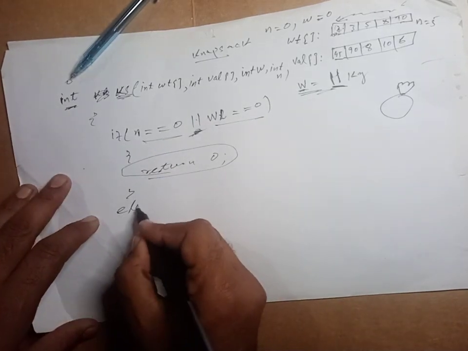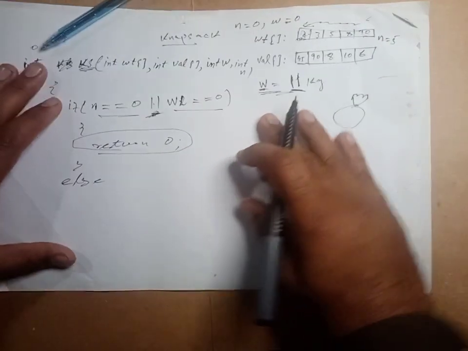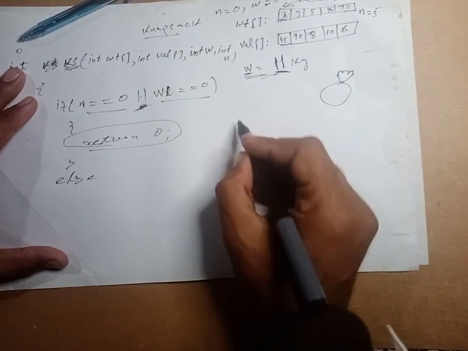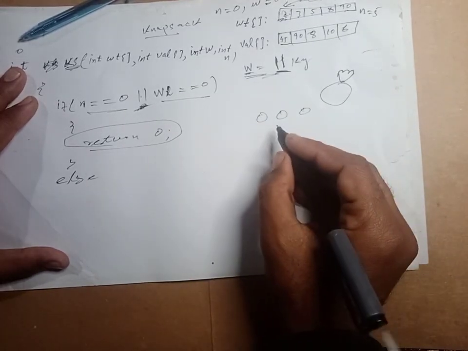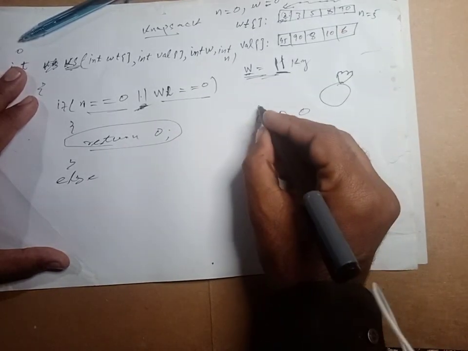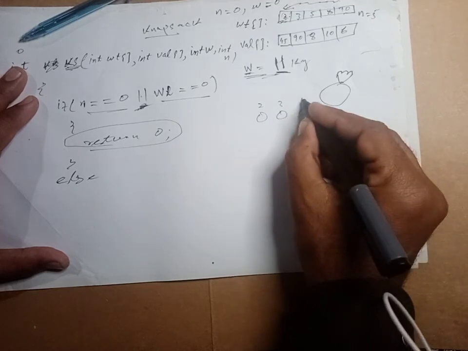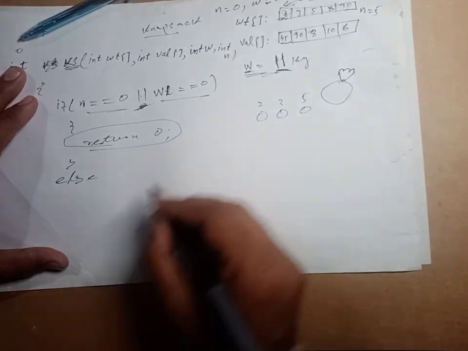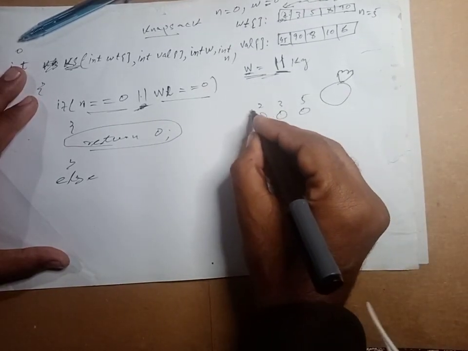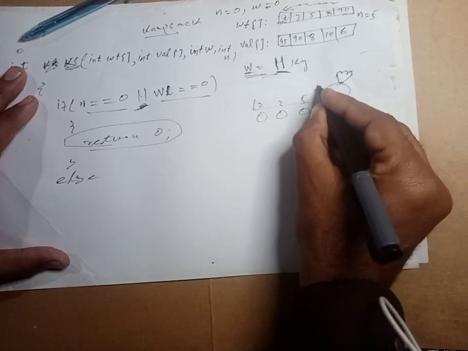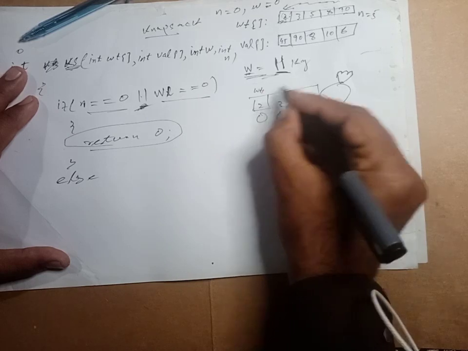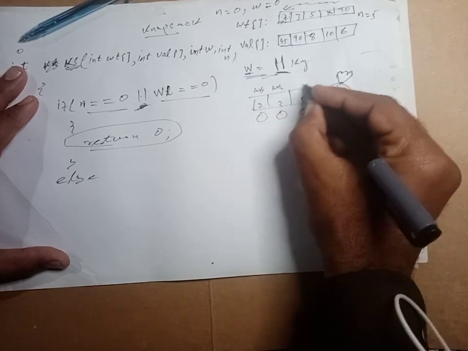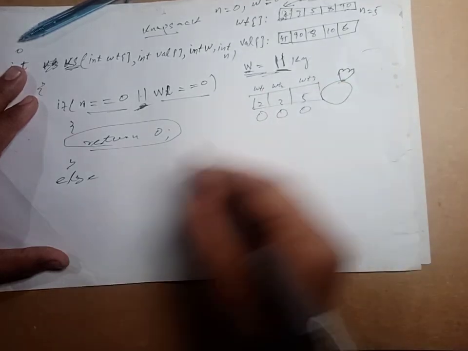Else, in the else part, for example, there are 3 objects, and this is 2, this is 3, and it has 5 weight. So these are the weights of these objects: WT1, WT2, WT3.